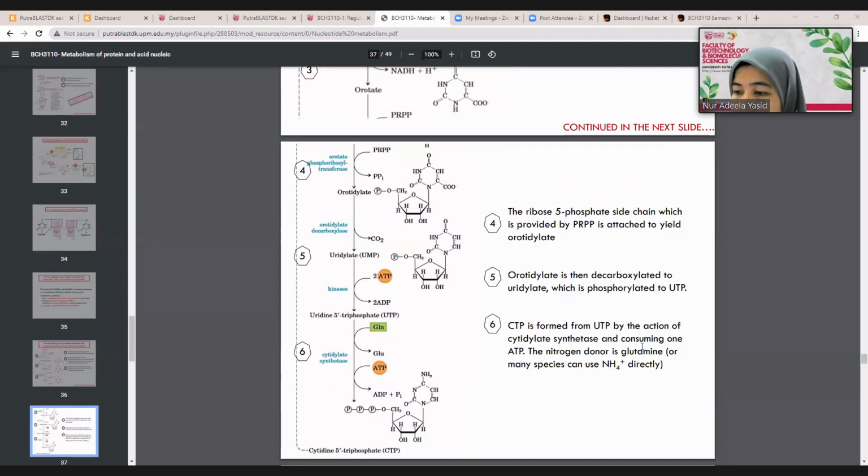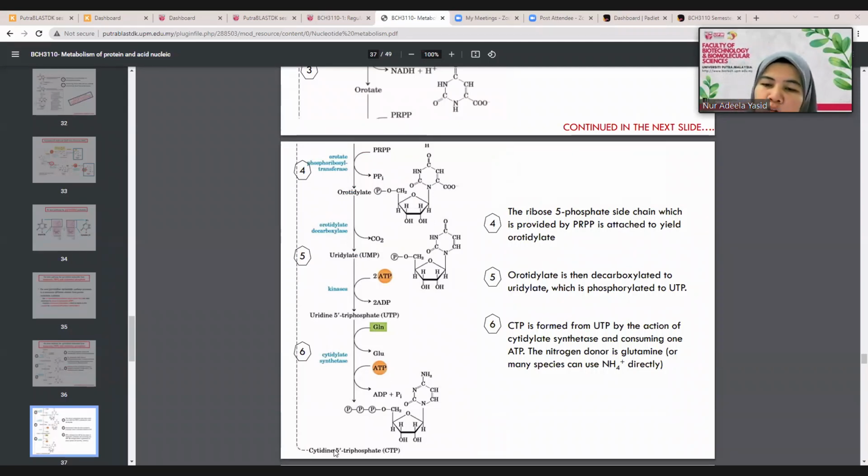So the nitrogen donor is glutamine, or some organisms can use ammonium directly. It depends on the organism. Mammals may use glutamine, while plants or bacteria may be able to utilize ammonia directly to convert this UTP to CTP.